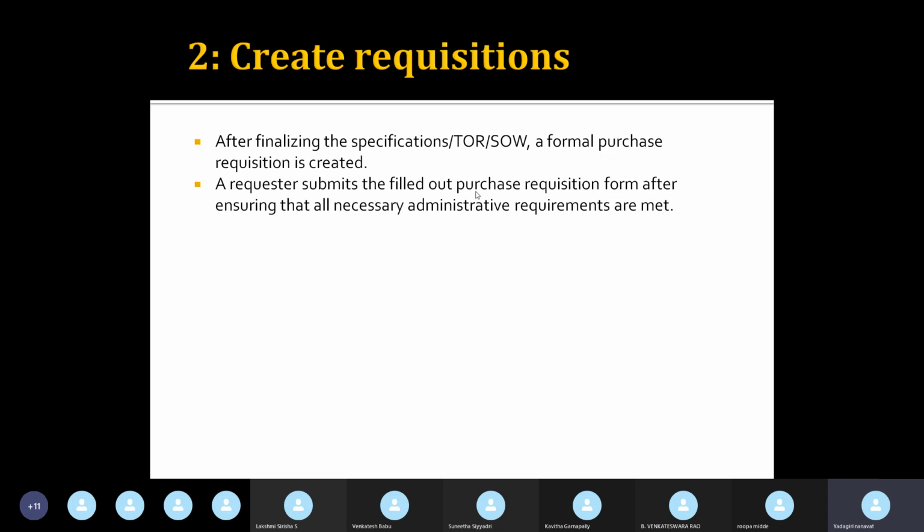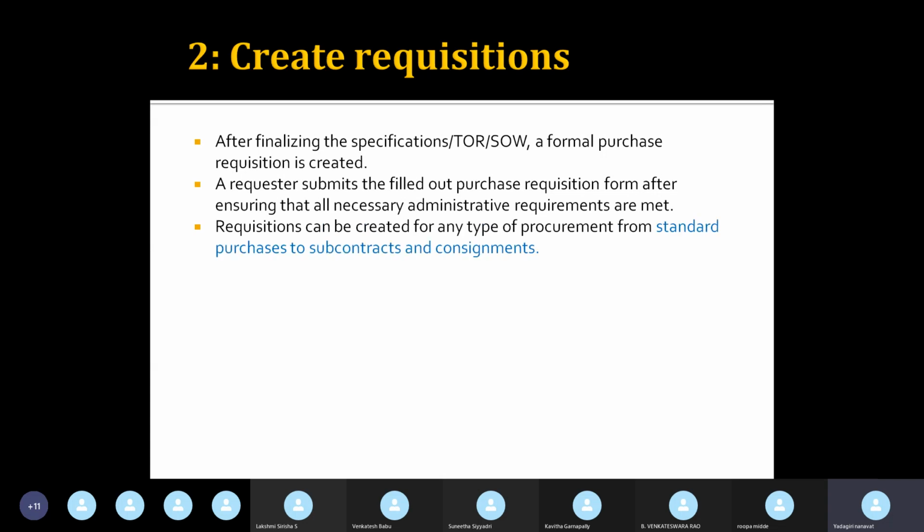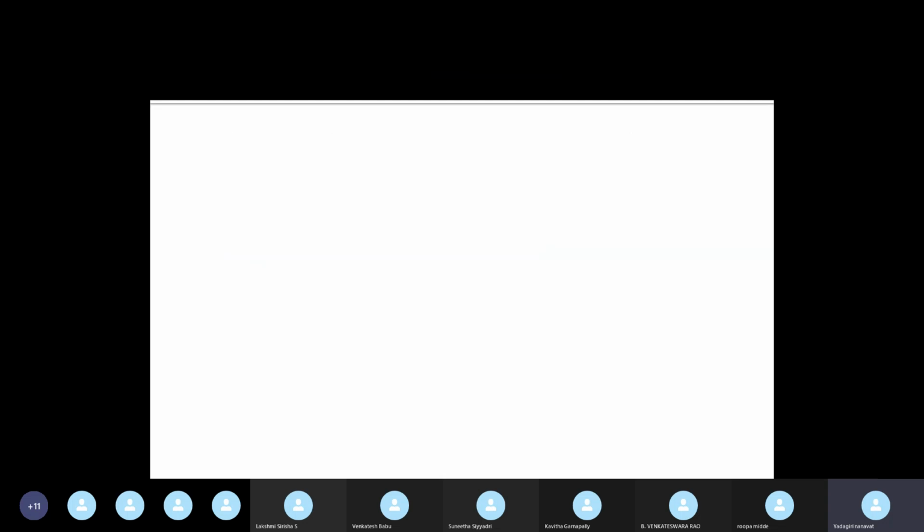The document will be filled with our administrative requirements and it will be submitted. Then a requisition can be created for any type of procurement, from standard purchase to subcontractors and consignments.